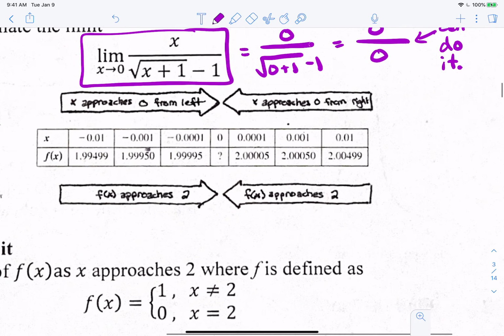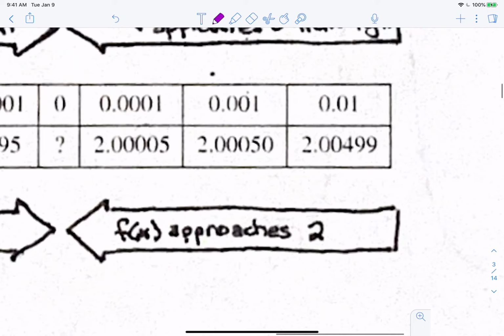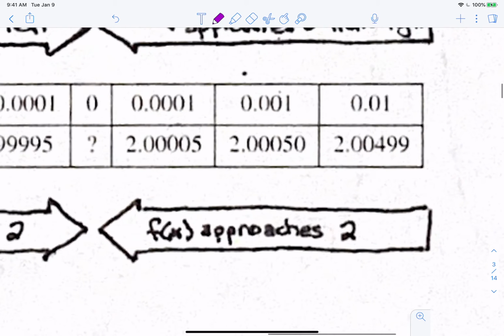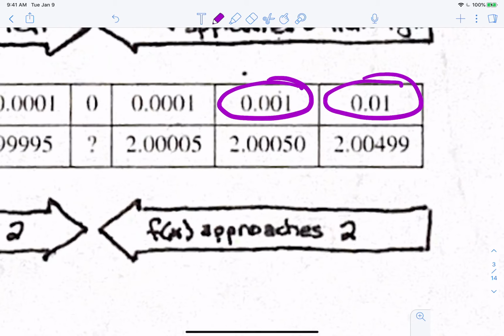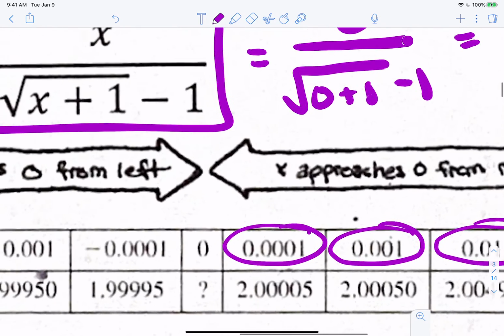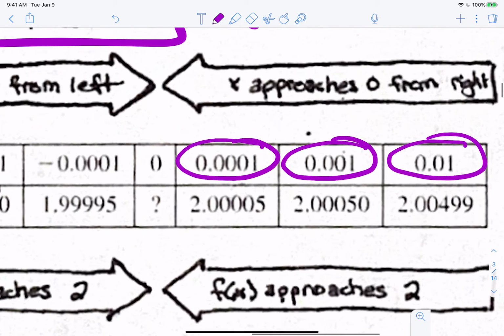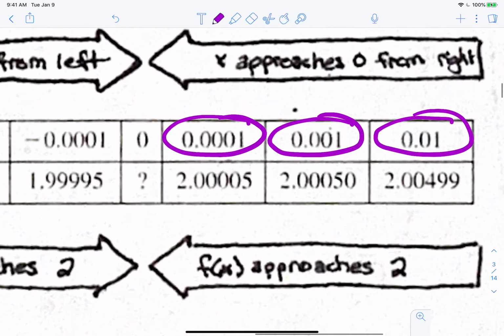Okay, so on the right side of 0, we were smarter this time. We did Brooklyn's method. We said, why would we start with numbers that are so far away from 0? So this time they're starting with 0.01, then 0.001, then 0.0001. Those are all getting close to 0. And I'm allowed to plug those numbers into this equation up here, right? Because it doesn't come out to be division by 0.